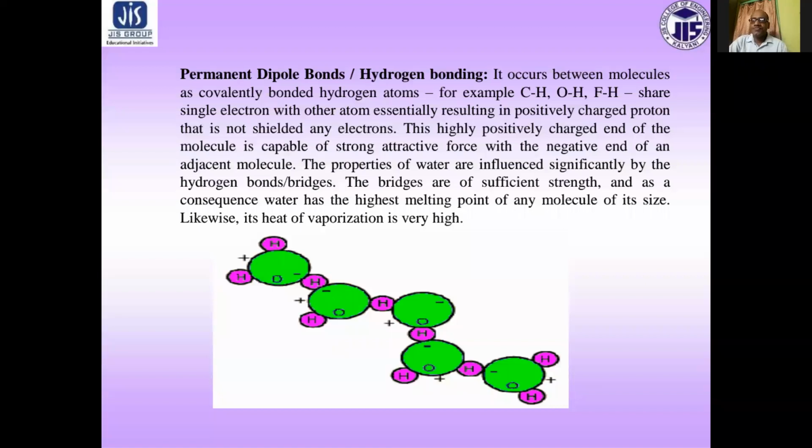As shown in this figure, that is the example of a dipole bond in water. Because of the permanent dipole bond, or hydrogen bond, water has the highest melting point for its molecular size, and its vaporization heat is also high.